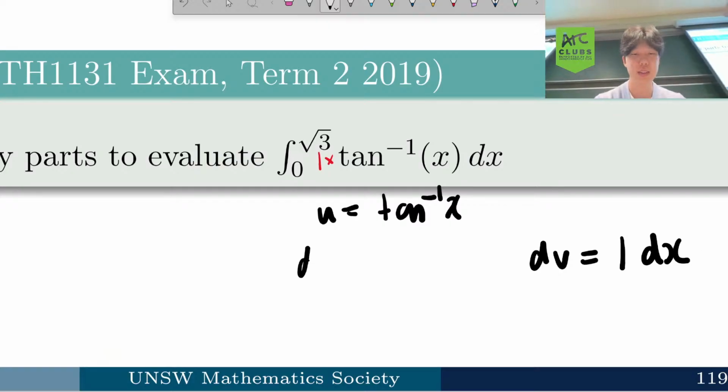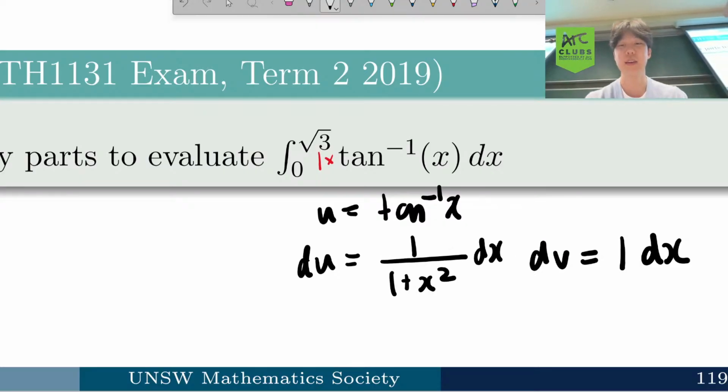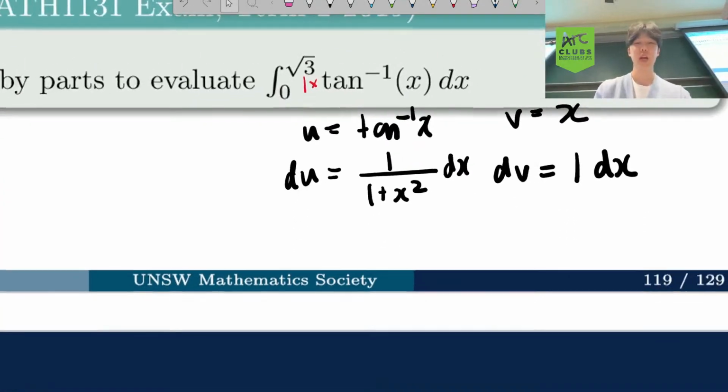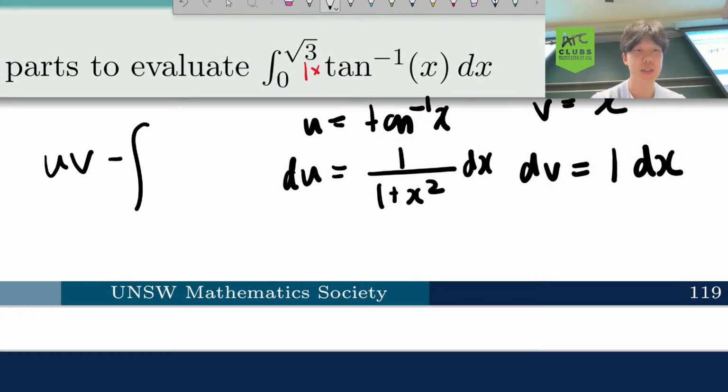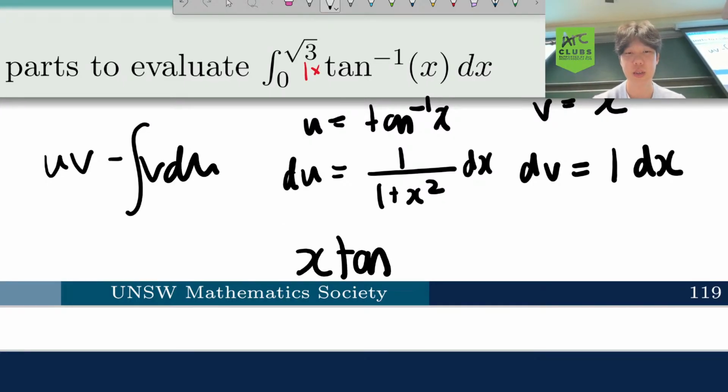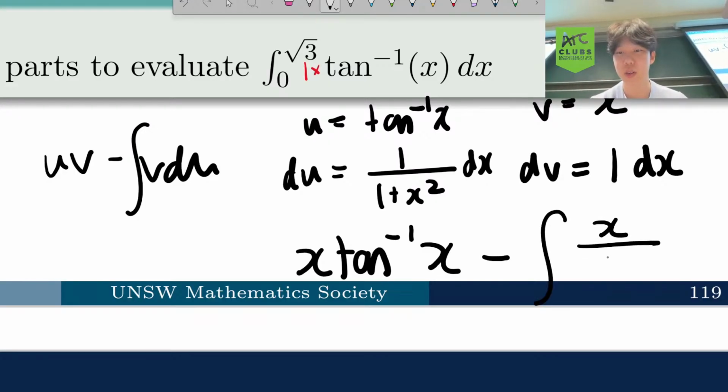So filling out the table, I know du is the derivative of inverse tan of x, which is given by this, and v is the integral of 1, which is x. Now I plug that into the formula, which was uv minus integral v du. So plugging it in, you get x inverse tan of x minus integral x over 1 plus x squared dx.